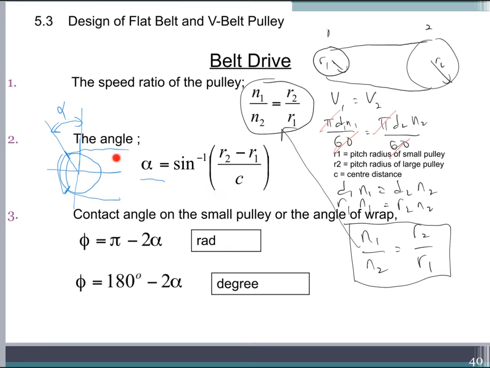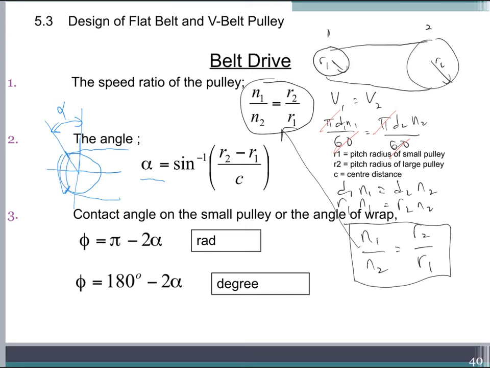So we can get the value alpha, and then to find the angle of contact or angle of wrap, if the pulley is a small pulley, we can assume that the angle of contact for small pulley is pi minus 2 alpha in radians, or 180 minus 1 alpha here and then minus 1 alpha here. So we got the angle of contact for small pulley.